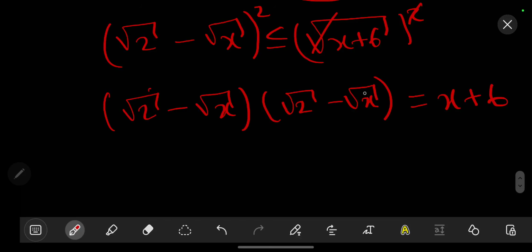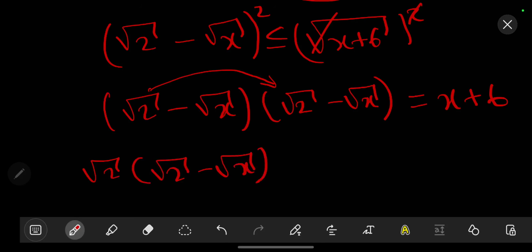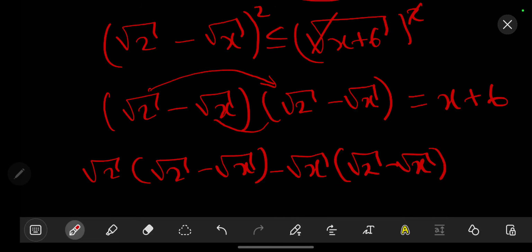So this value multiplies everything that is there. We have the root of 2, open brackets, root of 2 minus the root of x. Then this value multiplies everything. So we are going to have negative root of x times the root of 2 minus the root of x, like that, should be equal to x plus 6.